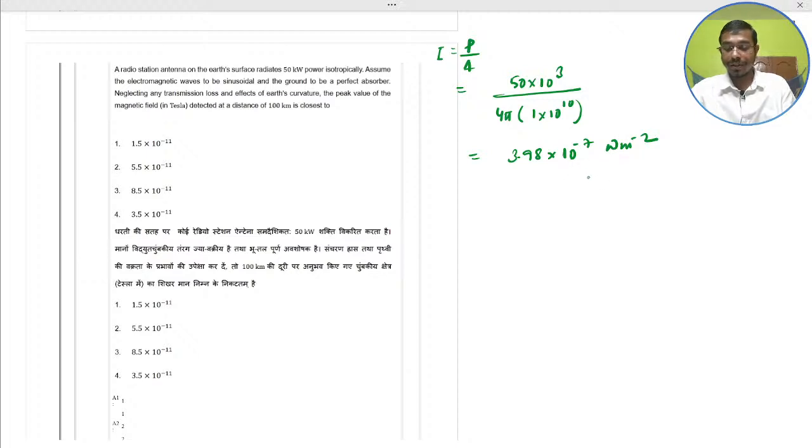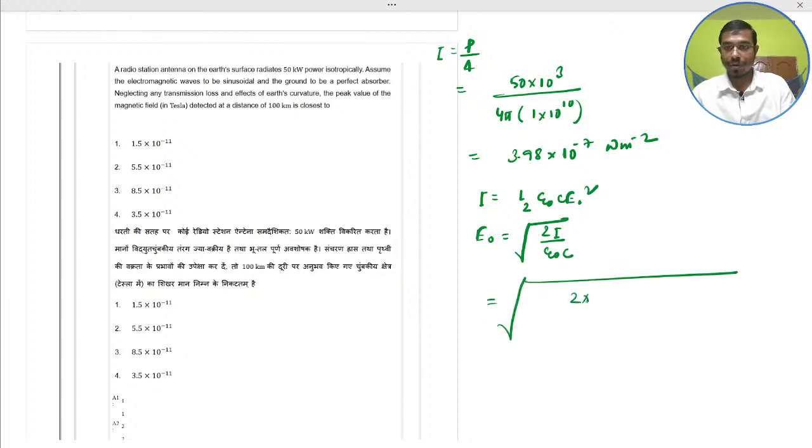The relation between the intensity and the electric field is I equal to 1/2 epsilon naught C E naught square. So from here you would get the value of E naught: twice I divided by epsilon naught C. Put all these values: 2 into 3.98 into 10 to the power minus 7 divided by 8.854 into 10 to the power minus 12 into 3 into 10 to the power 8.